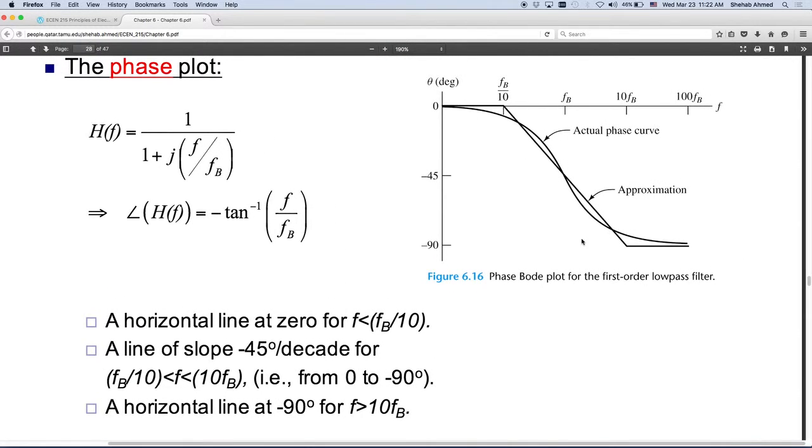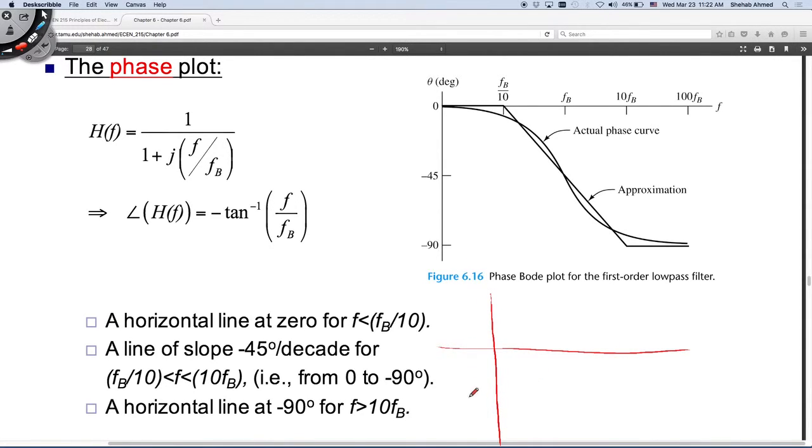So if you're given a signal at a certain frequency you want to let through, you automatically go and draw your magnitude plot and phase plot. So you draw your magnitude plot up to fb here, and then you make sure that this is changing at 20 dB per decade for a low pass filter.